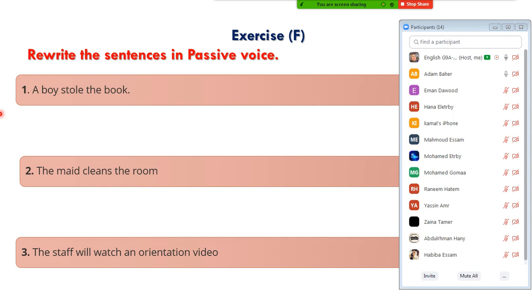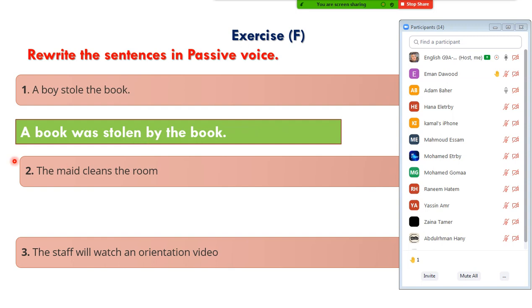What's the tense? A boy stole the book. Present? If it is present, it will be steal. Past. Past, that's right. So now we need to keep the same tense. Change it into passive. The book was stolen by the boy. Excellent. That's right. Good job, Adam. Really, thank you.